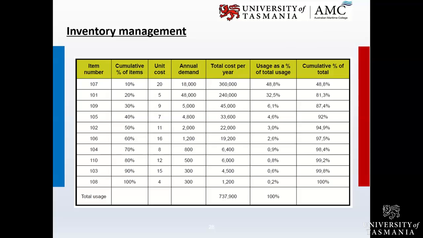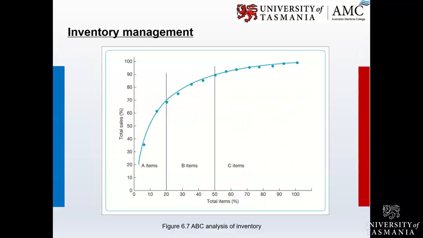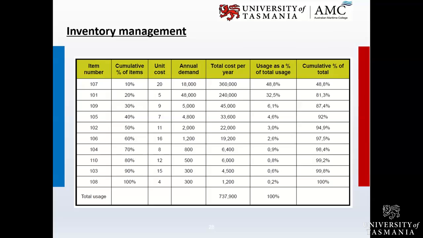So we rank the items. We look at this figure. You find the highest percentage is for item 107. So it is the first item in this table, and it has usage as a percentage of 48.8%.